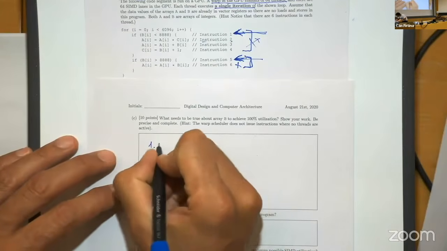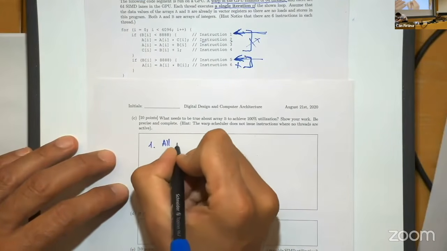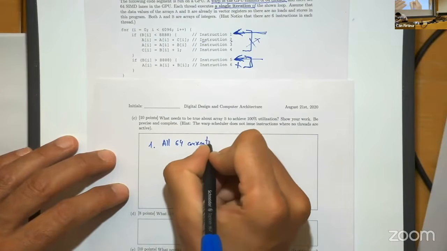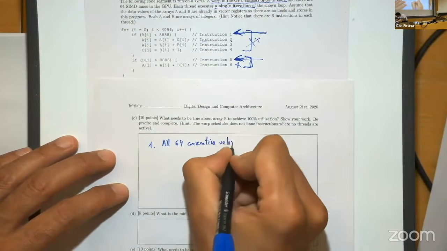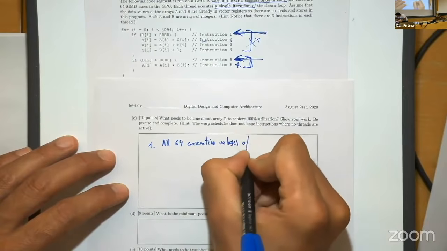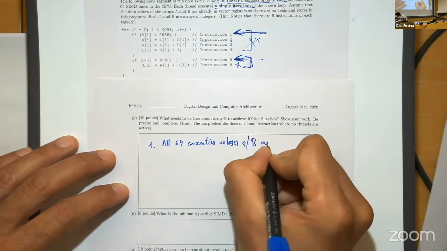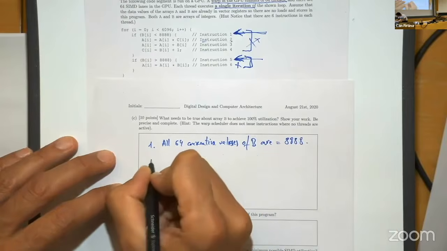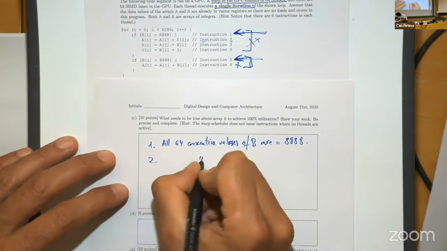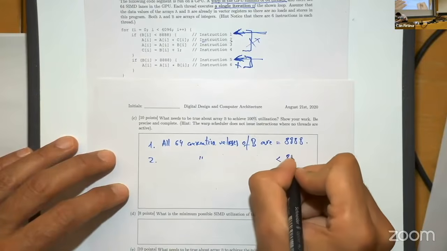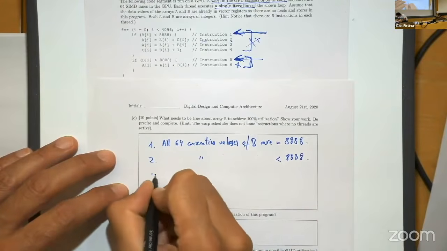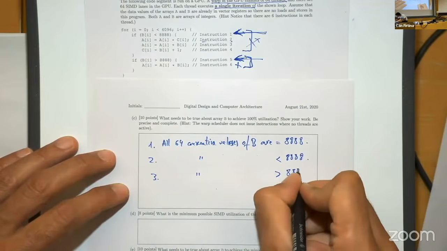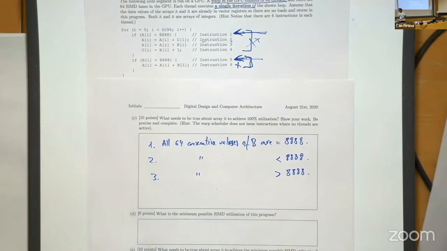The first one is all 64 consecutive values of B are equal to this, or all of them are less than this number, or all of them are greater than this number.